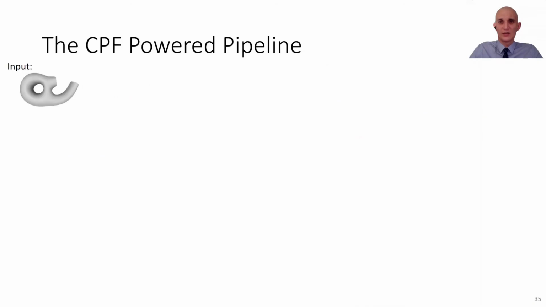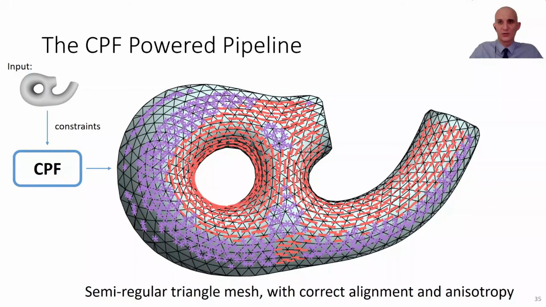We take the input mesh, compute the constraints, and feed it to CPF to generate a semi-regular triangular mesh with the correct alignment and anisotropy. We show here the constraints we computed using the guiding field, overlaid on the output mesh.